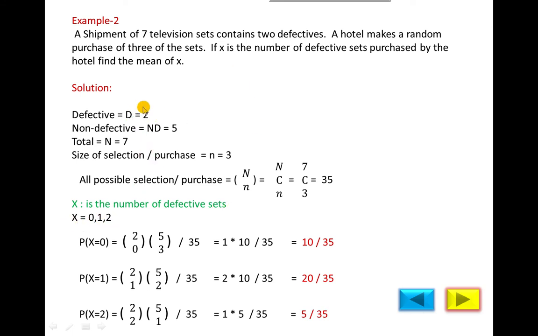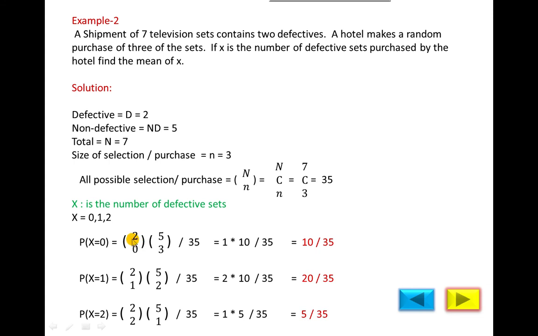If hotel purchases 3 sets out of 7, there may be 0 defective and 3 non-defective, 1 defective and 2 non-defective, or 2 defectives and 1 non-defective. So we will find the probability of defective sets. Probability of x equal to 0 defective, 1 defective, 2 defectives, and the denominator will be 35, all possible outcomes.